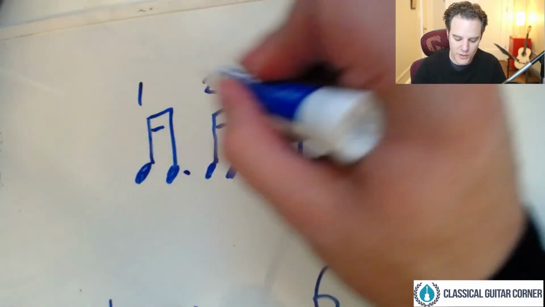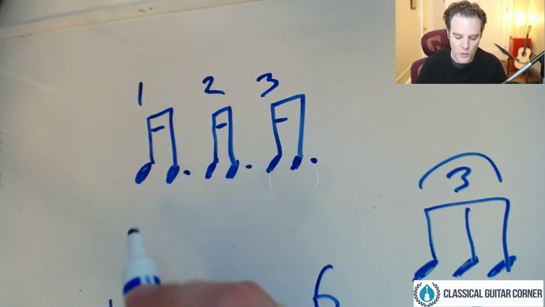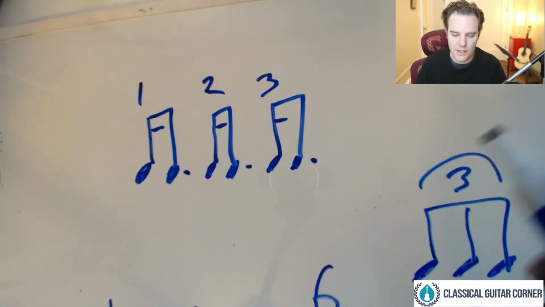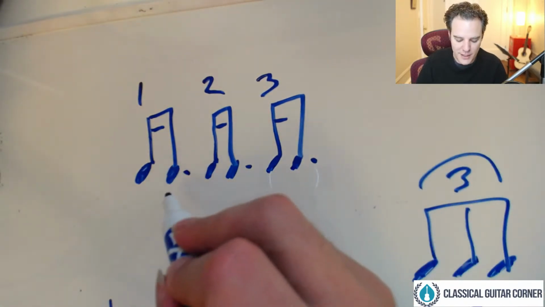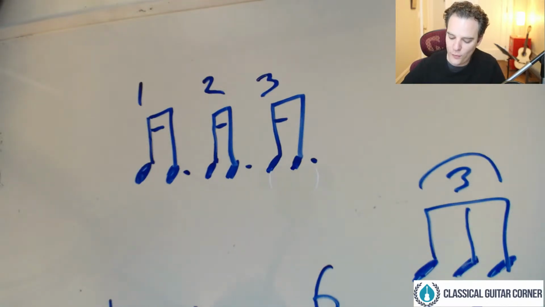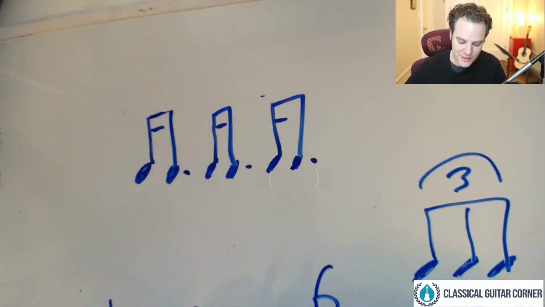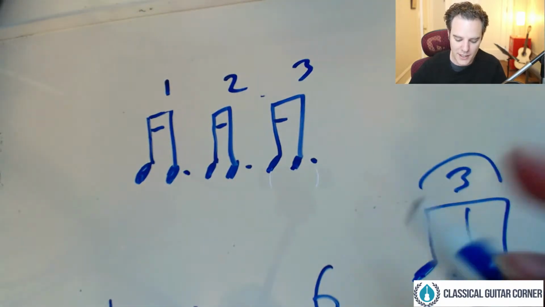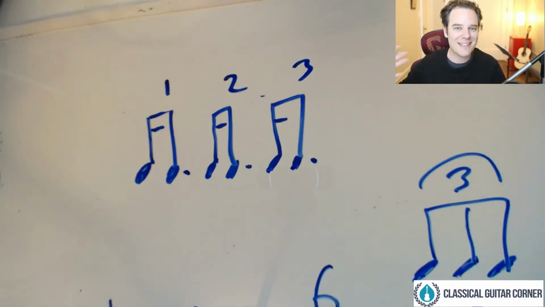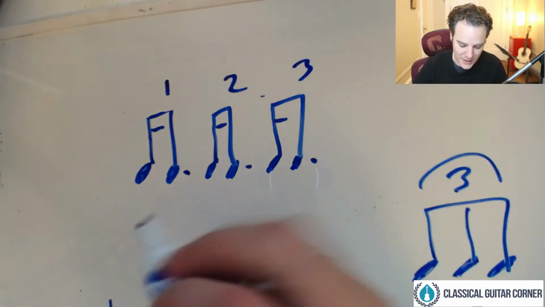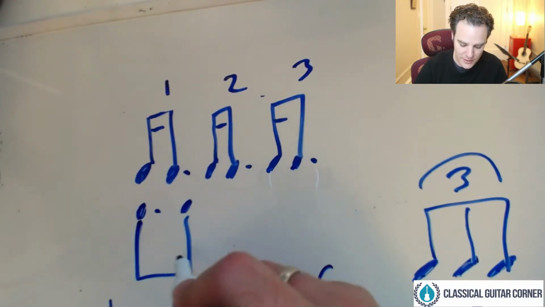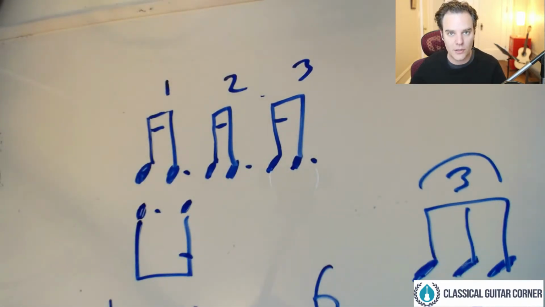So there's the beat, 1, 2, 3, and we're going 1 E, 2 E, 3 E, 4 E. But what tends to happen is the beat over time gets shifted to the second note, and it ends up going da, da, da, da, da, which is the other version of this. I think of them basically as long and short: long, short, long, short, long.